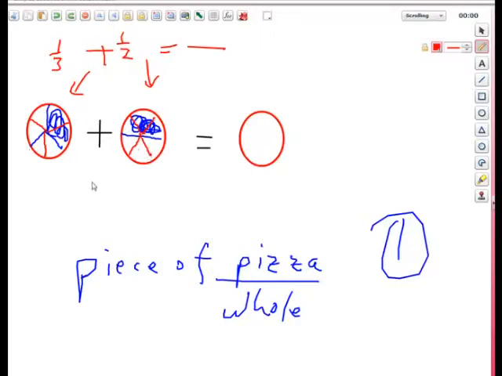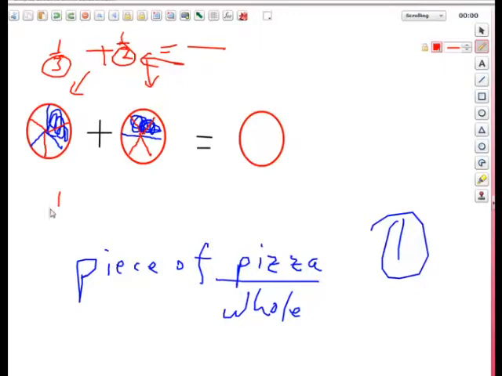Okay. Now before we go any further, let's take a look at what's called the denominator. The denominator is the bottom of the fraction. You probably all know that already, but what is the denominator? Well, the denominator tells us how many pieces a whole is made up of. That's all it does.